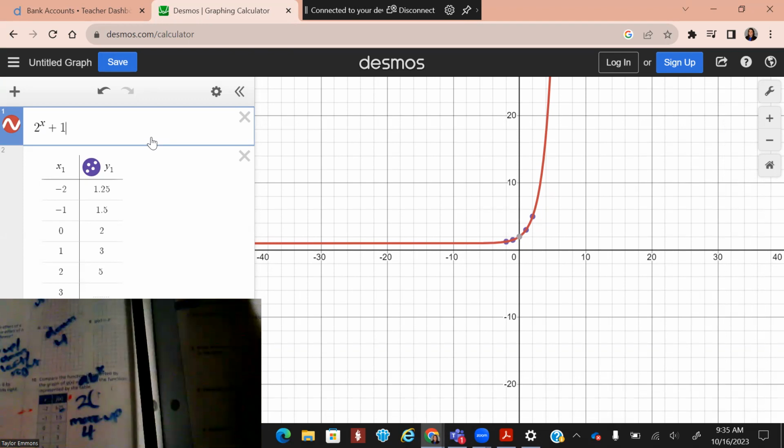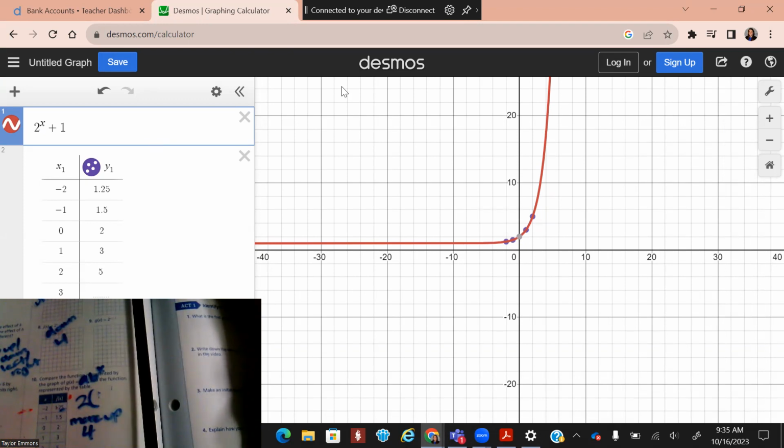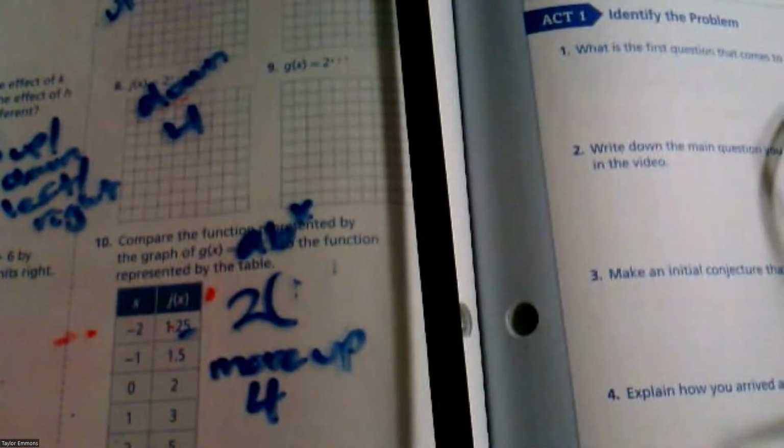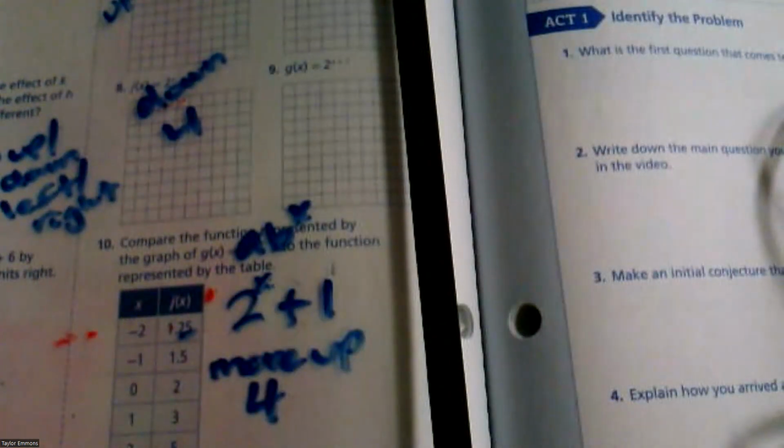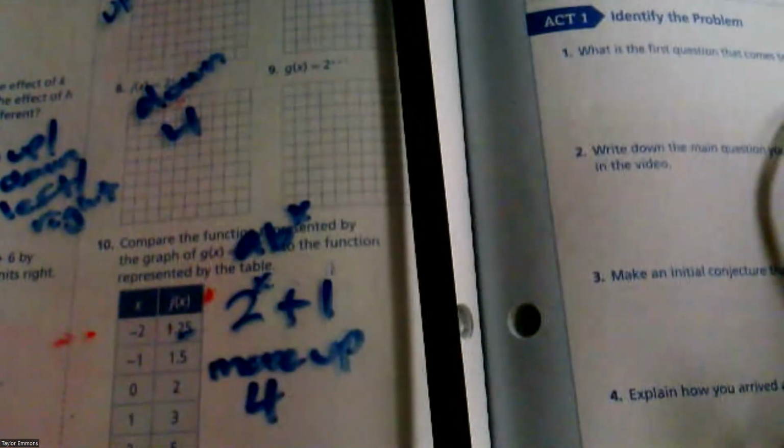Yeah. So on that table, our equation is actually 2 raised to the x plus 1. And it moved up 4.